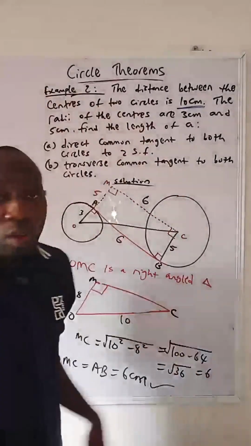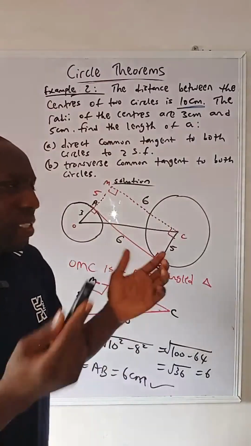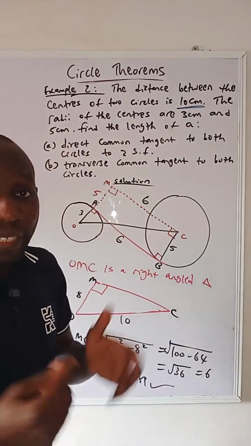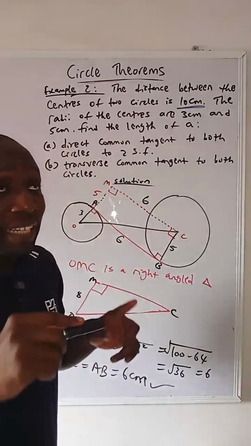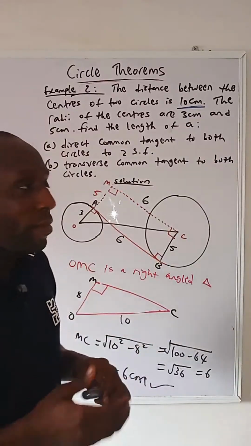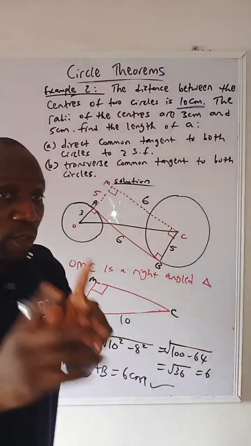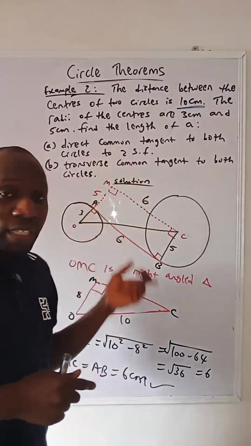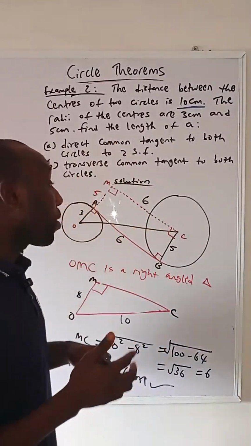So we have covered all the aspects of circle theorems, I want to believe so. The last lesson we talked about intersecting chord and secant, and there's a theorem for that. If you missed that lesson, it's the previous class before this one. It's important you also go back and watch that video, okay?